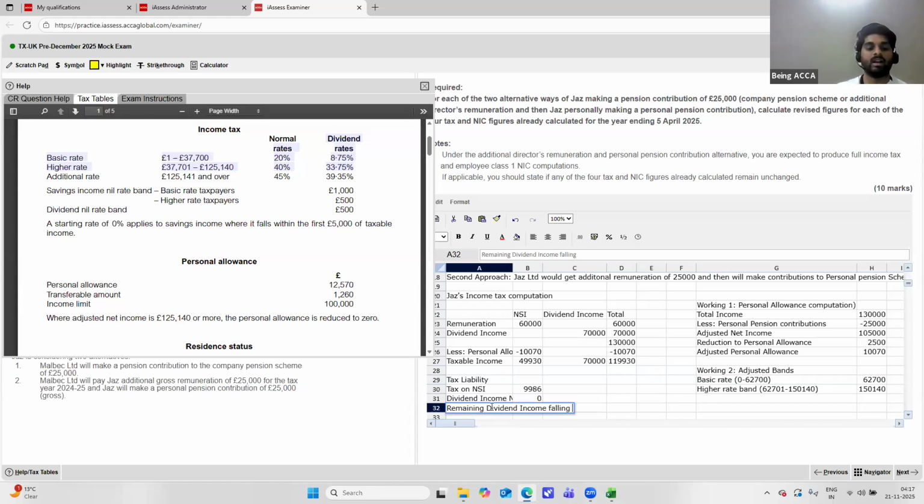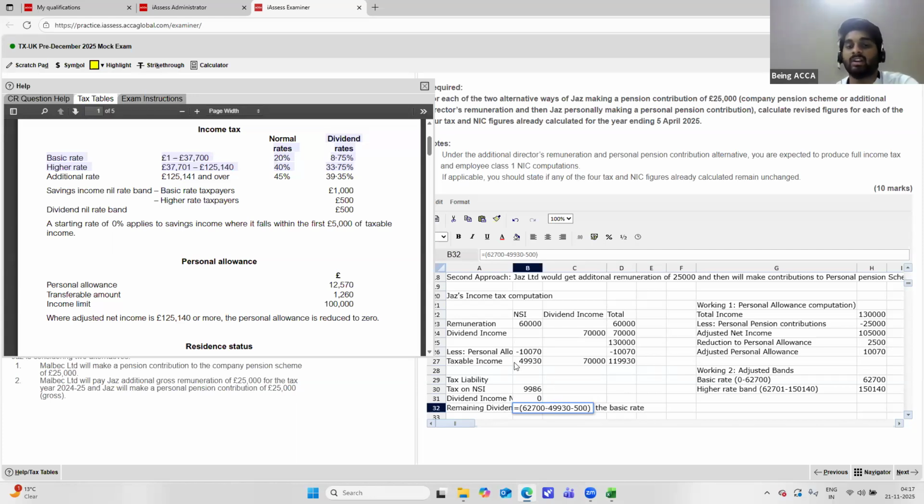falling under the basic rate tax would always be equal to 62,700 minus 49,930 minus 500. This is the remaining amount because the total band is up to 62,700.